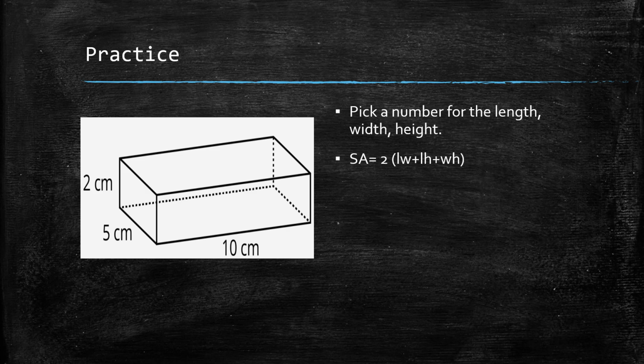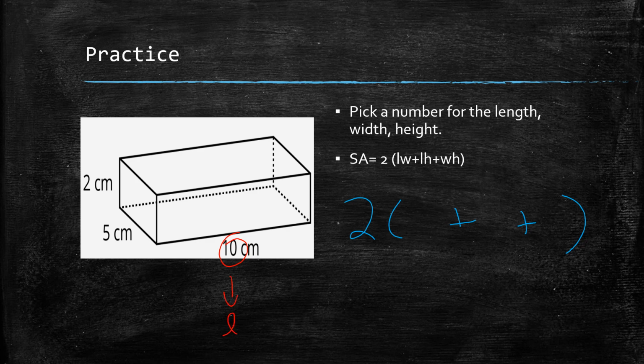So my surface area is going to equal 2 times, and we're going to have some measurements in between. What you need to do is just choose a number and then know what it represents. I'm going to take 10. This is going to be my length.